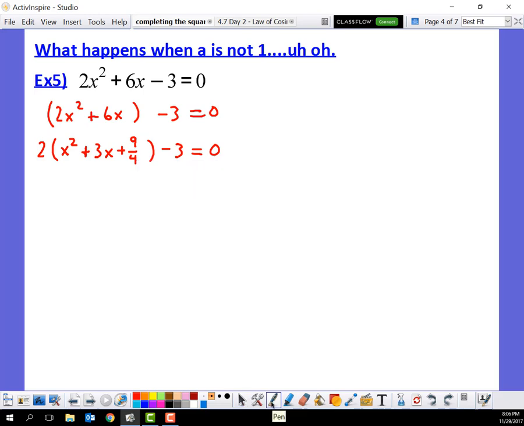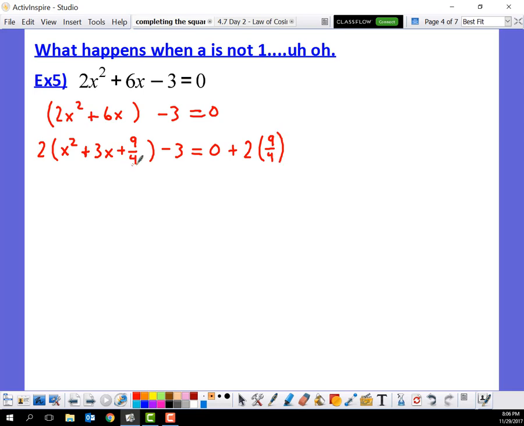But what we need to remember is I'm not going to add 9/4 to the right-hand side, because this 9/4 is inside the parentheses. And what is happening to everything inside the parentheses? It's okay to answer out loud. You can say it. Okay, good. Somebody in the world said you're multiplying everything in here by 2. So before you add anything to the other side, you're actually adding 2 times 9/4.